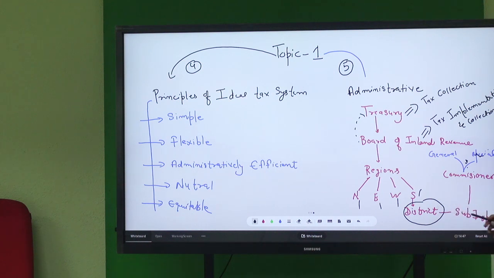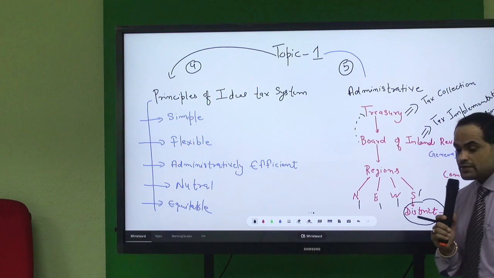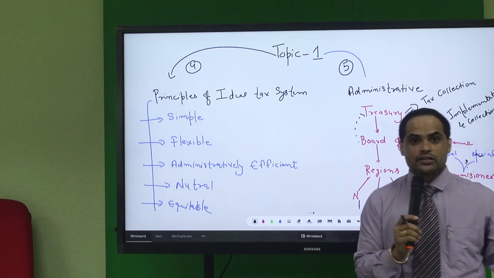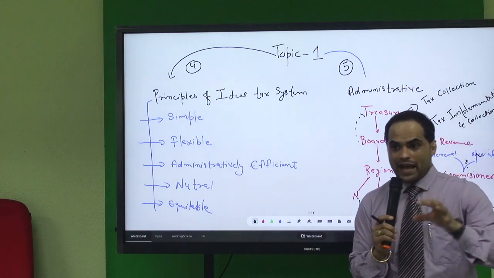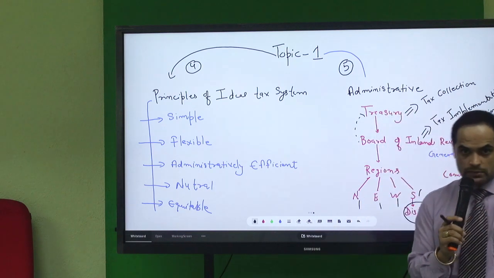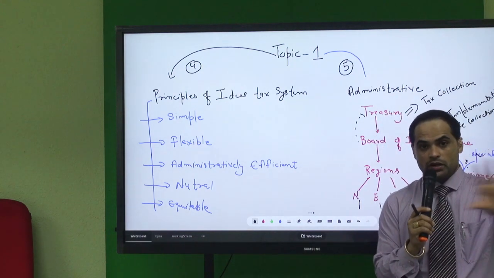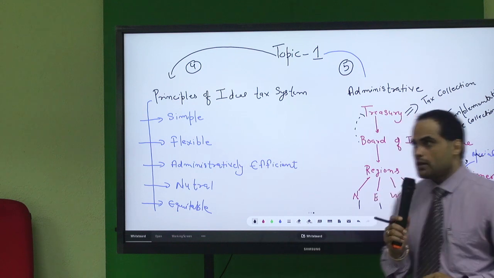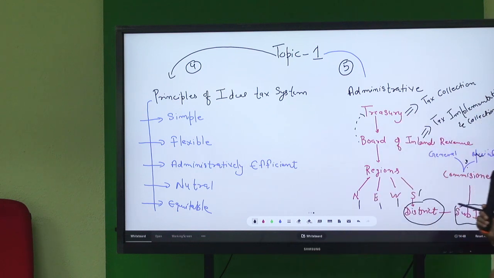And in each district, there is a sub-inspector. That sub-inspector is responsible for implementation and collection of the particular tax. So we have tax departments, tax offices, in every district. That tax department is responsible for that particular district, mainly the district, because a ward is too small.